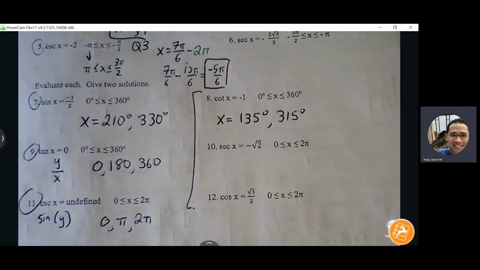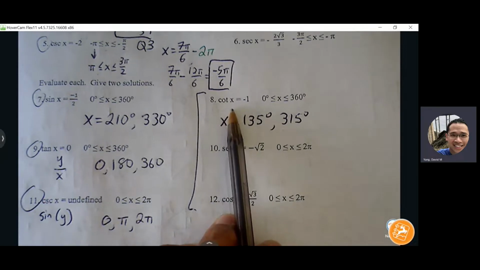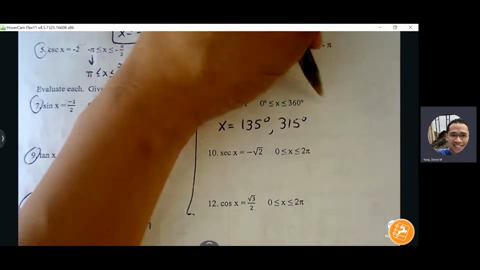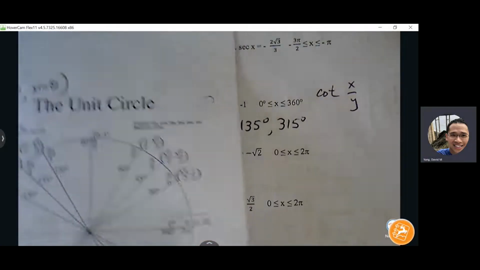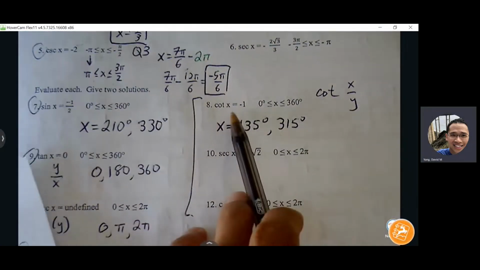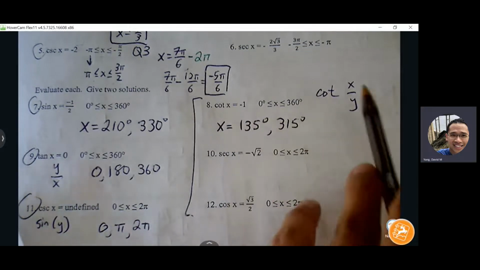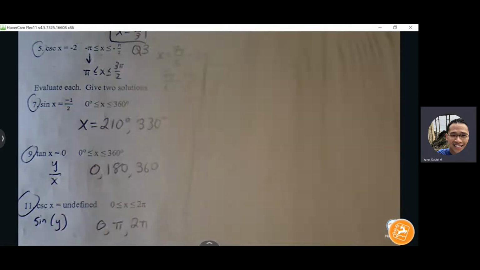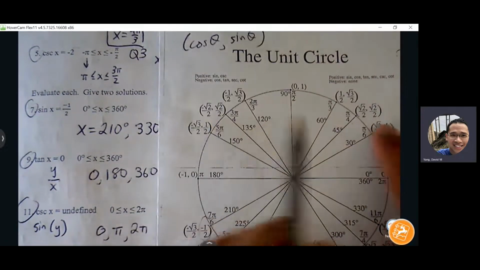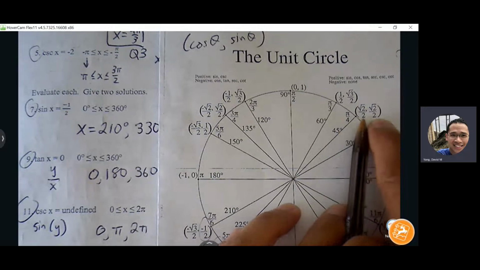You have to look for the y value. So what's the formula for cotangent? X over y. So the only time I'm going to get x over y to be equal to -1 or 1 is if x and y are the same. The only time they're the same is along the middle angles, right?